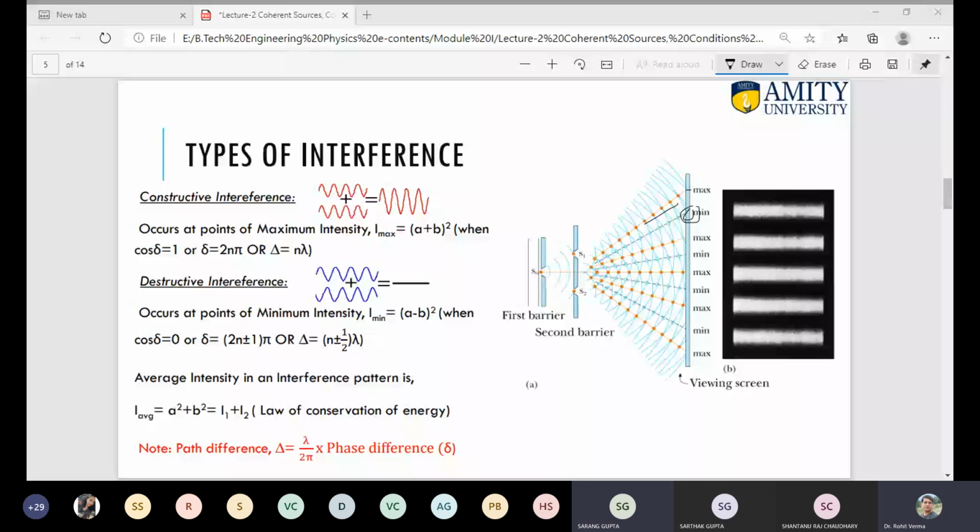Anybody else whose attendance is remaining? Sir, Jashandeep Singh is present. Jasandeep, I have marked. Parth Bansal, I have marked.